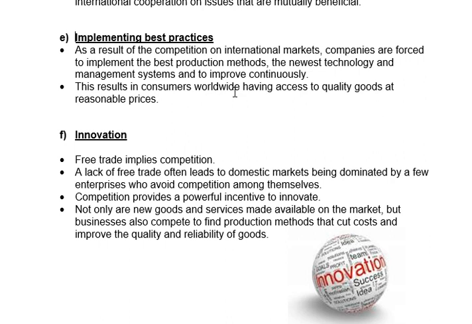They need to get their costs down. And the only way that they can do that is by changing their production methods, improving their production methods, implementing the latest technology that improves productivity, that improves the quality, and it will bring the costs down. So that means that consumers worldwide, around the world, will have access to better quality goods and at reasonable prices.